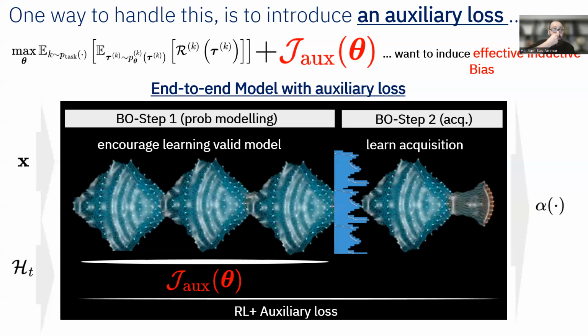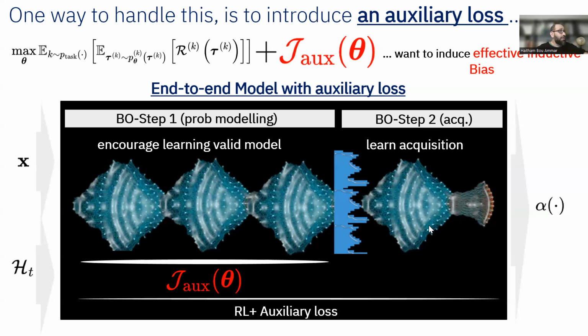So we can force parts of the network to become a good neural process, whose output is passed to another part of the network that emulates learning the acquisition function. And if J auxiliary is differentiable, then we can do this end to end.